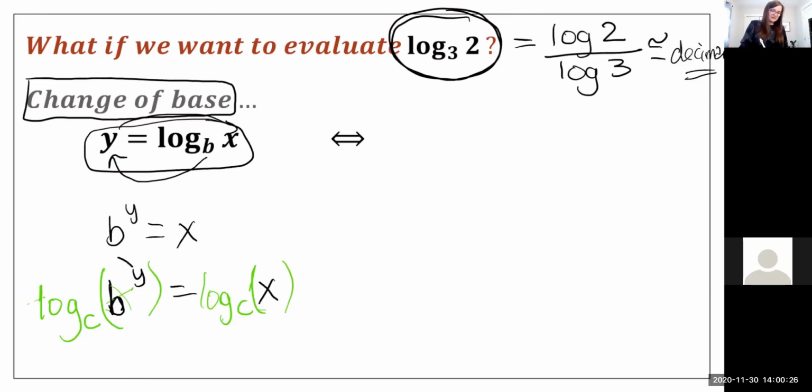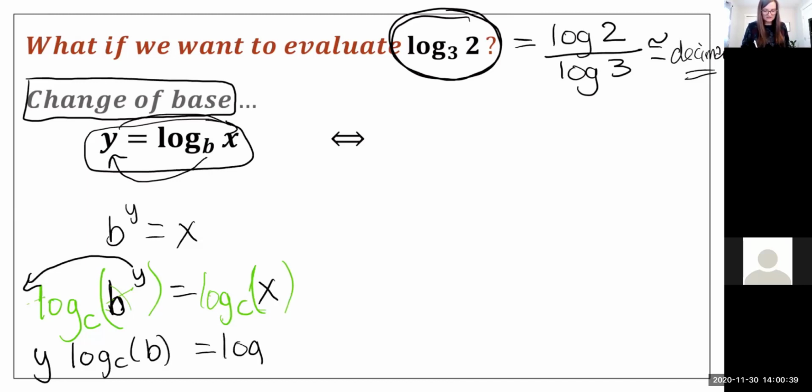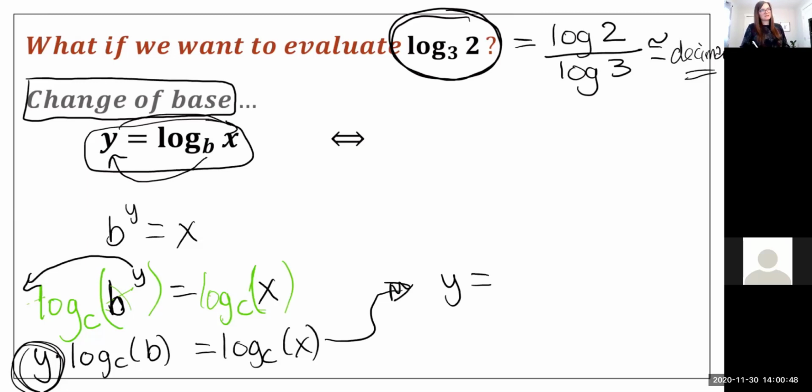Now, if I apply the power law, the y comes back out. I have y times log base c of b equals log base c of x. And then if I get y by itself, I just want to prove to you that this is true. If I divide both sides by log c of b, then I get my change of base formula.